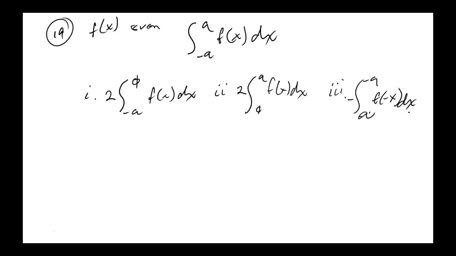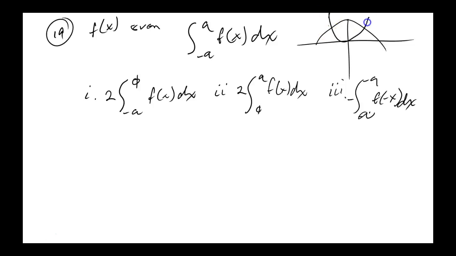Oh, man. Okay. Well, looking at this, the first two are cutting it in half. Right? But let's draw an even function. Let's just do the cosine function. X squared.